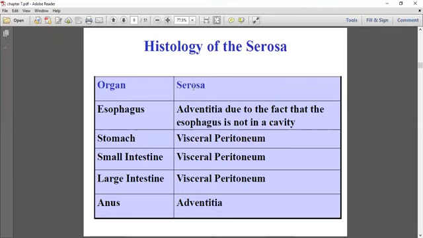The outer, called parietal, encloses the abdominal wall. The inner, called visceral membrane. Serosa is the visceral membrane that covers or lines the organs within the abdominal or peritoneal cavity.